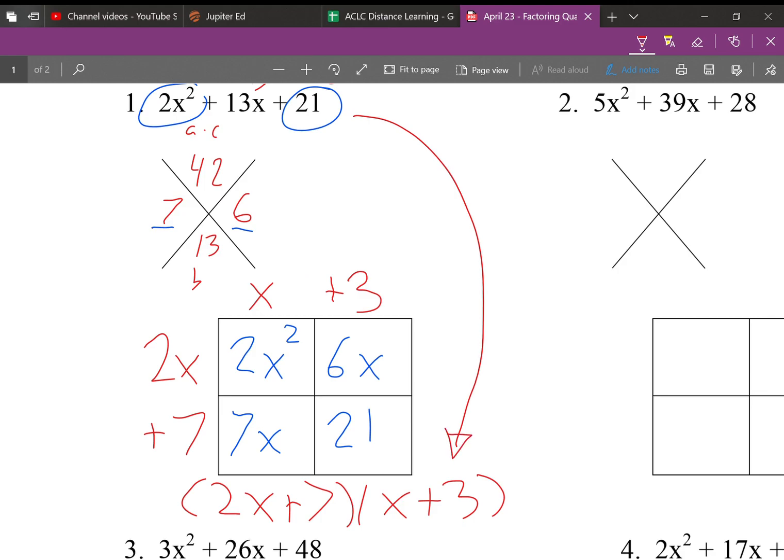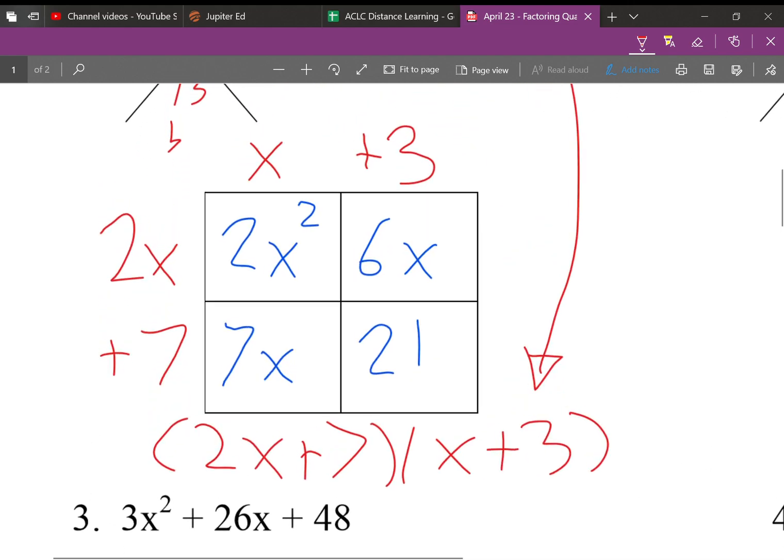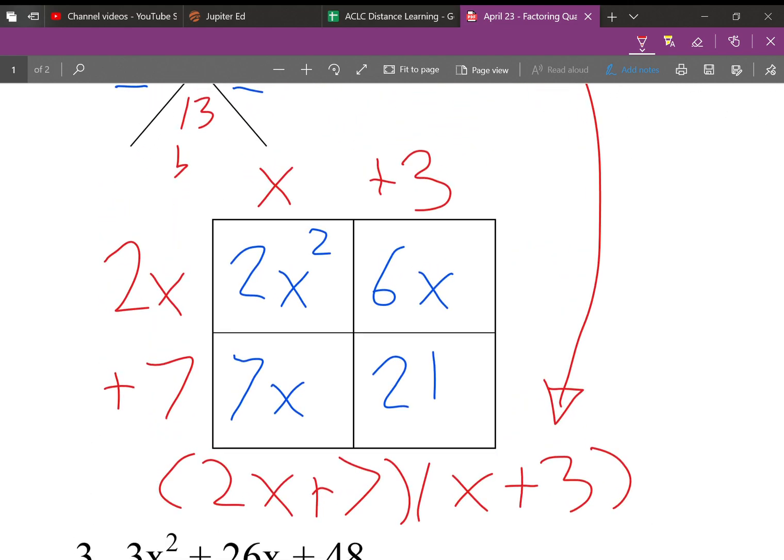This original quadratic is equal to this factored form. All right, so we're getting there, right? We're close to finishing this section up. Now, there is one more step we'll take, but let's not worry about that for now. There you go. Thank you.